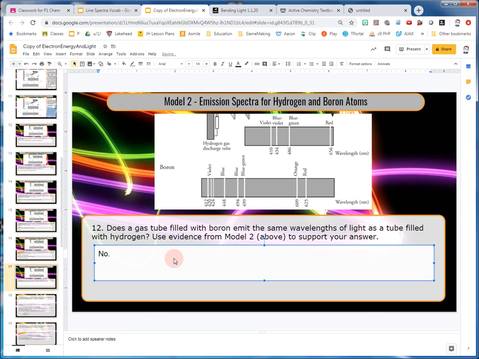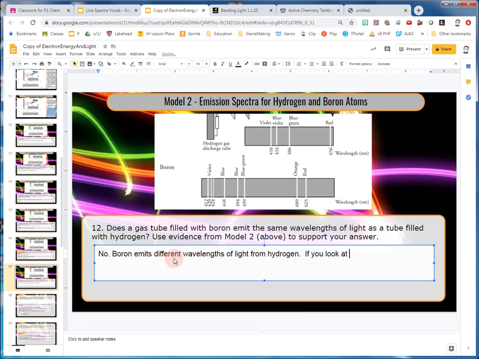No. Boron emits different wavelengths of light from hydrogen. How do I explain it? How do I explain it convincingly?